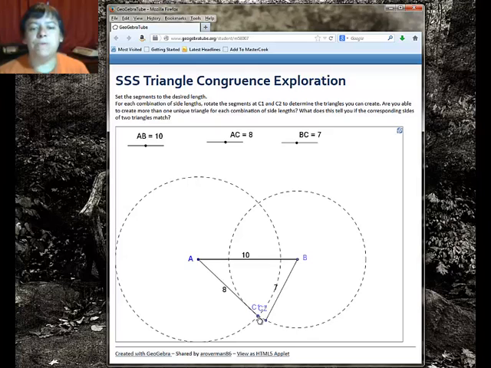This bottom one's a little more finicky than the top one. I think I have to go higher. There we go. So if two triangles have matching sides, then they are congruent.